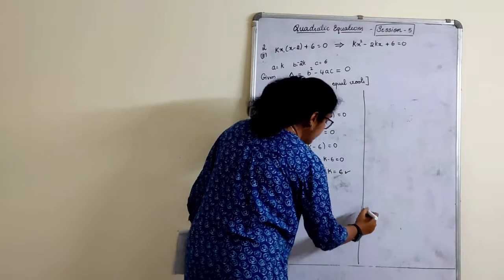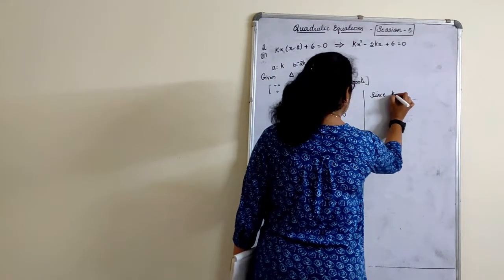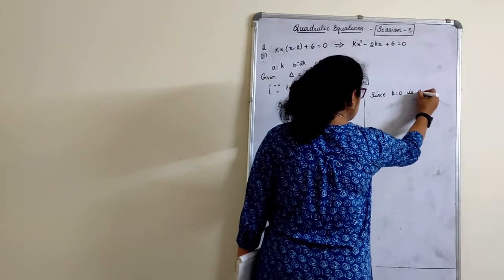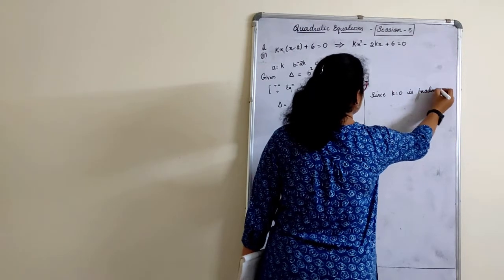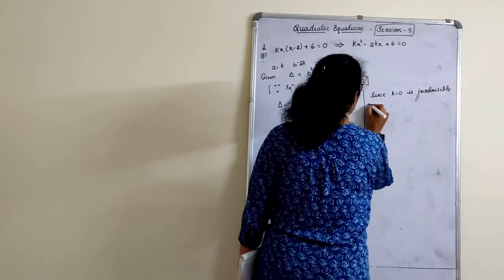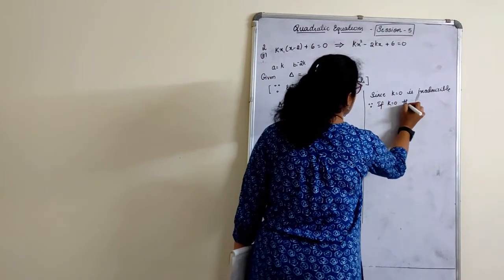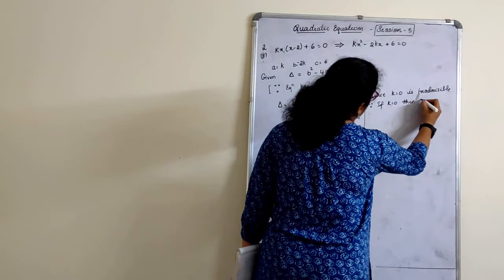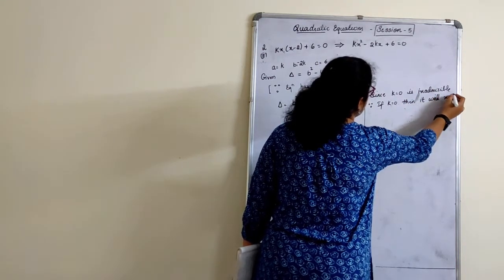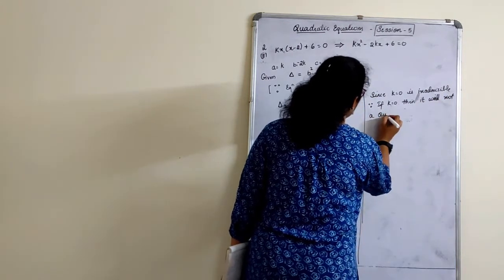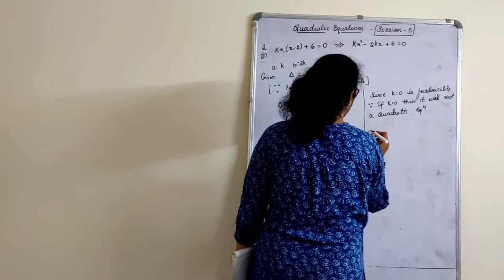So what you have to write here is, since K is equal to 0 is inadmissible, because if K is equal to 0, then it will not be a quadratic equation.